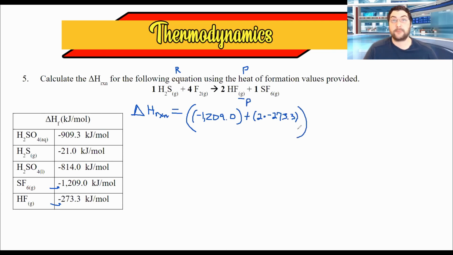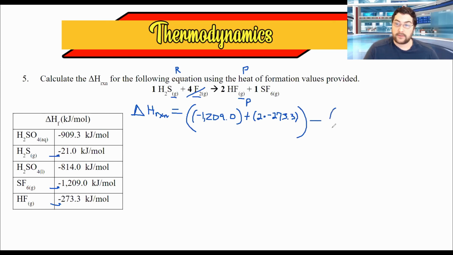And remember, it's products minus reactants. So products minus. Now, on the reactant side, fluorine gas is a diatomic molecule, 0 energy, so we can ignore that. And now we've got our hydrosulfuric acid in gaseous form. We want to pay attention to this one right here.